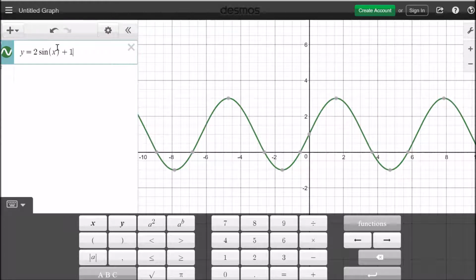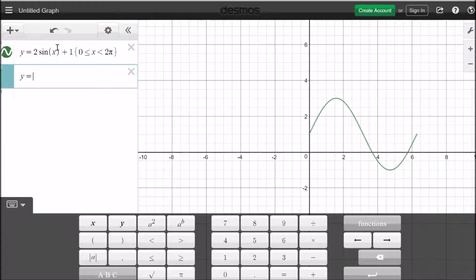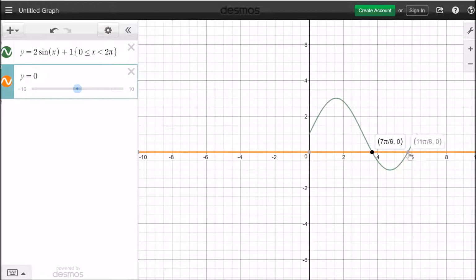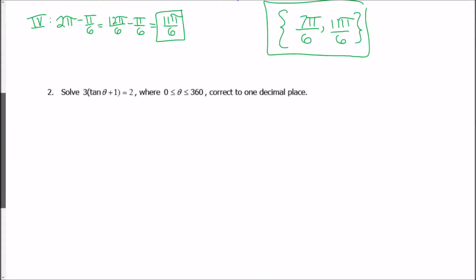But I want to restrict my domain from 0 to 2 pi right here, and then I'm going to look at my answers, and my two answers occur at 7 pi/6 and at 11 pi/6. So my solutions for x right here are 7 pi/6 and 11 pi/6, and that is my final answer for question number 1.